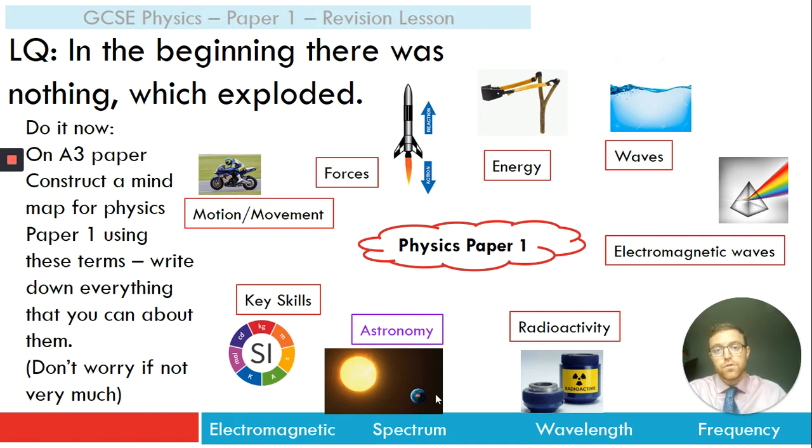Around the Physics Paper 1 in the middle, I'd like you to write down all of our topics that may come up in paper 1 and in our mock. So we've got motion, forces, energy, waves, electromagnetic waves, radioactivity, astronomy if you're a triple student, and key skills.